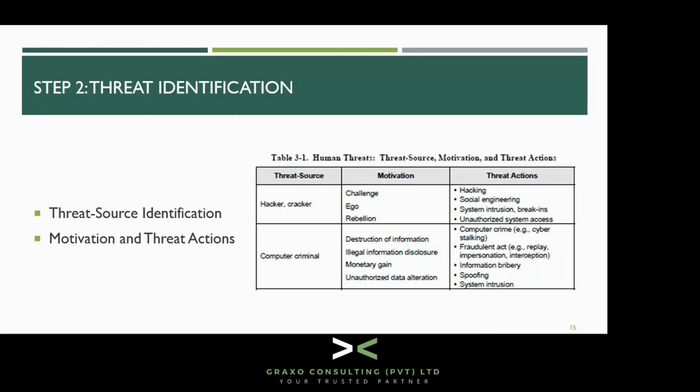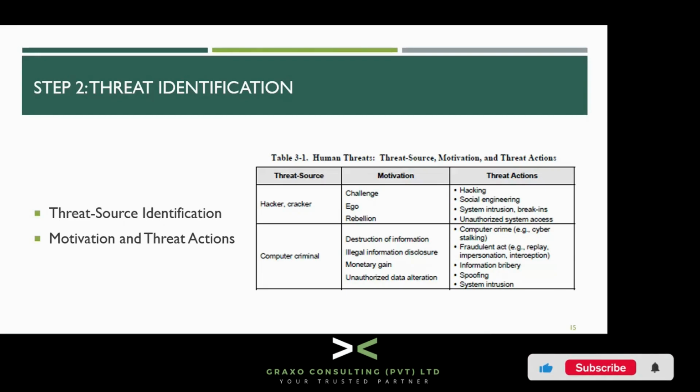What is his motivation? He wants to challenge the organization. It could be ego, it could be rebellion. And what can he do? He can do hacking and perform social engineering. He could send an email, the user clicks on the link, and the hacker gets access to the internal systems of the organization. System intrusion, break-ins, unauthorized system access.